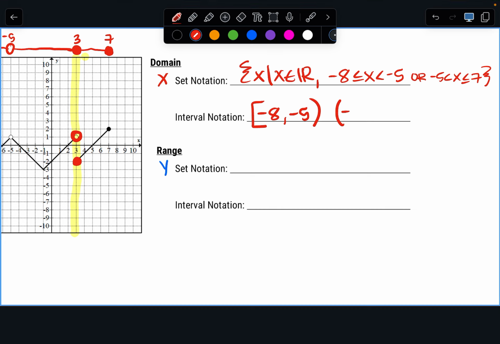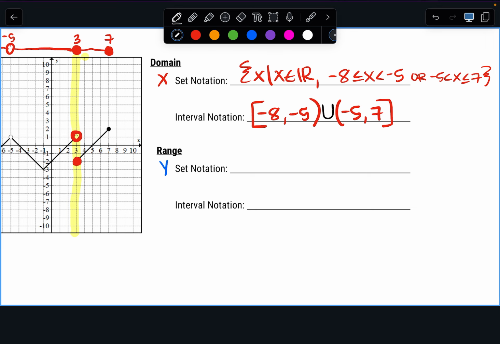Pick up on the other side, -5 all the way to 7 with a bracket because that's closed. And we put a union in the middle. And usually here is where people are like, yeah, I'm going to do interval notation because it makes a little more sense. Otherwise, you're relying on the fact, did I write my inequalities correctly? And did I write both of them correctly?